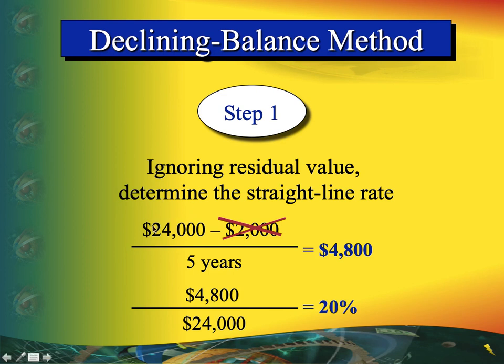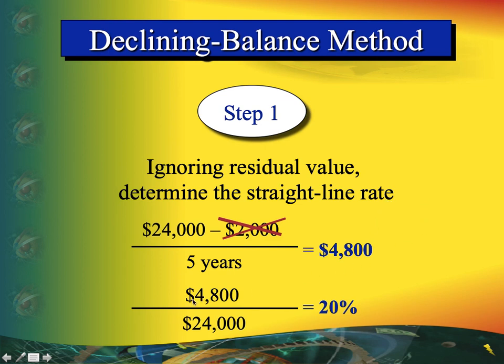How to do it? 24,000, do not minus 2,000. Just divide 24,000 by 5 years and it will become 4,800.